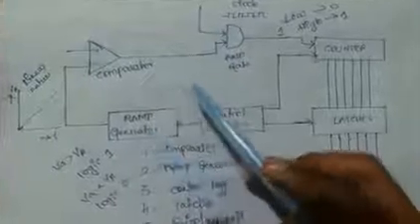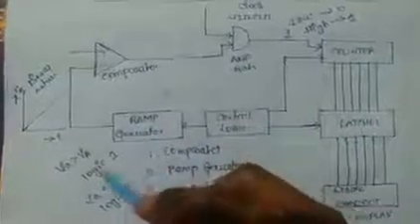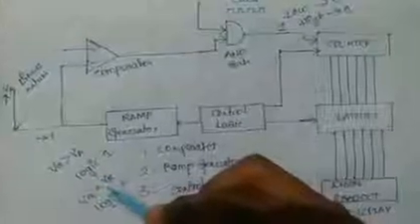In the total process, when the comparator gives the 0 signal, then we know that VA is less than VR. So the ramp generator starts generating the signals, and after the completion of this total process, it will display in the display unit.